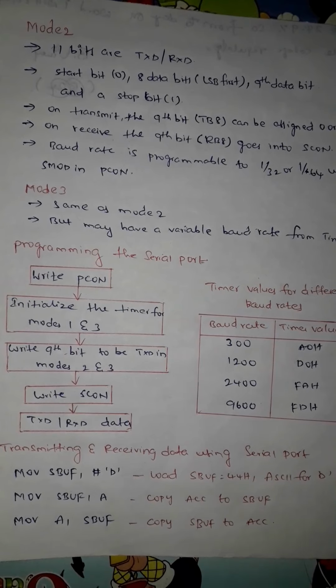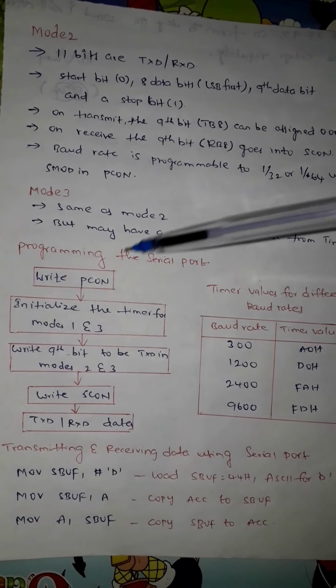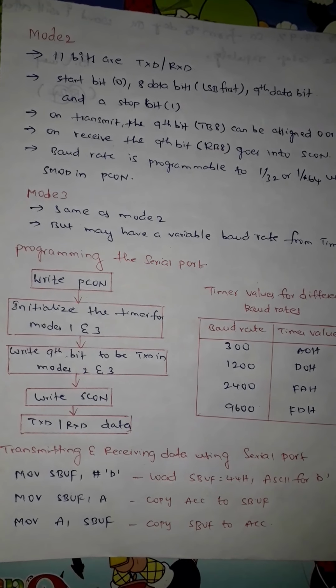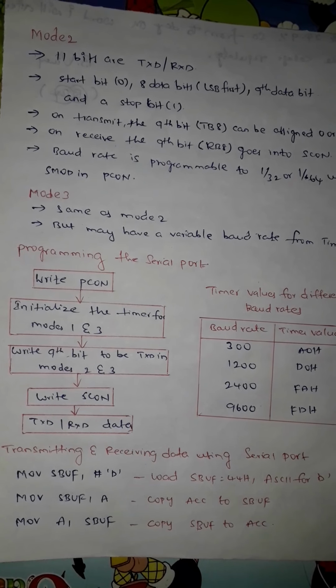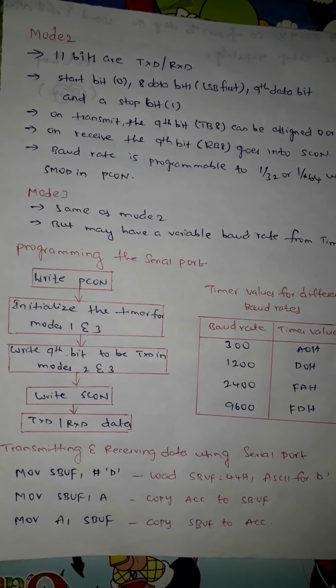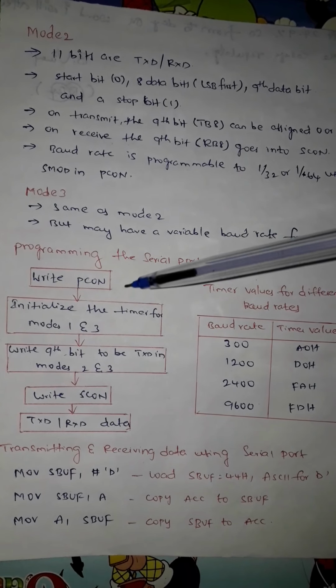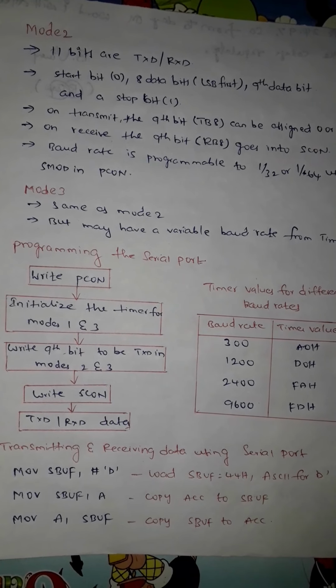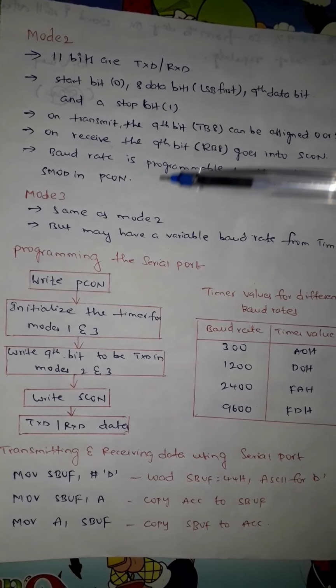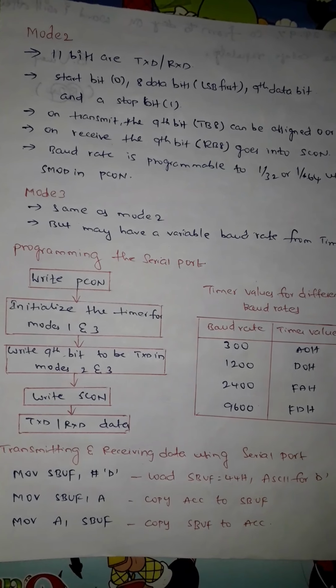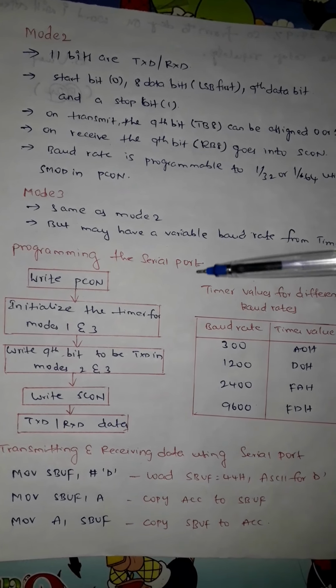You need to select the baud rates for modes 1 and 3, whereas for modes 0 and 2, the baud rate is fixed, obtained through the internal crystal oscillator. For modes 1 and 3, the baud rate is variable, so I need to set some values to get the mode 1 and mode 3 baud rates.